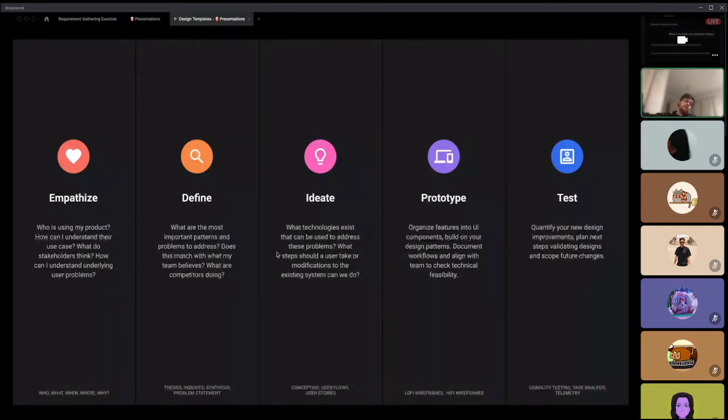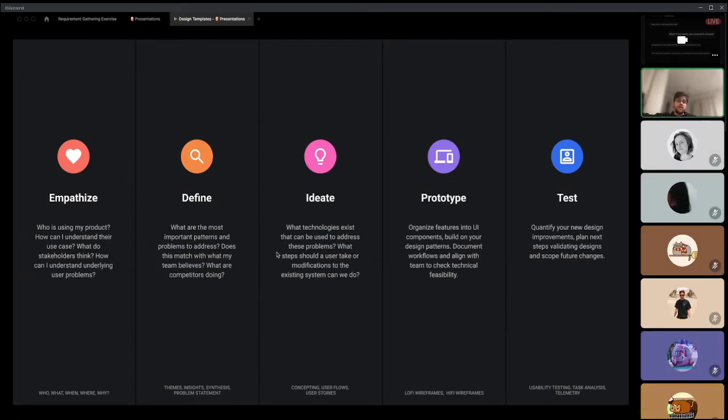From there, once I empathize and I understand them, how can I define it and say what are the most important problems to address? Depending on the complexity of your issue, in an enterprise, you may do a research study where we're dealing with hundreds of minute problems, all of various scale.